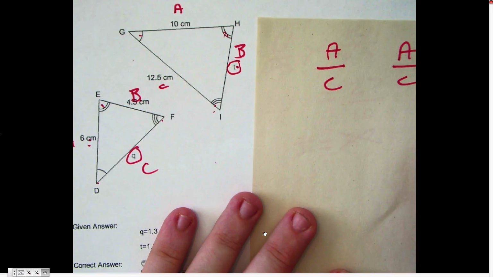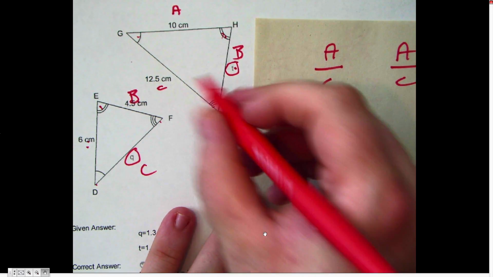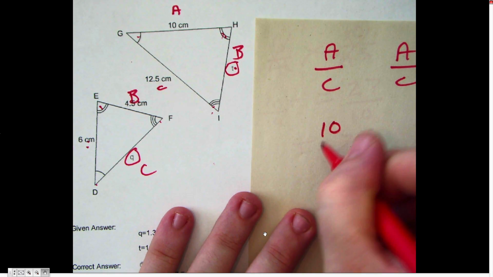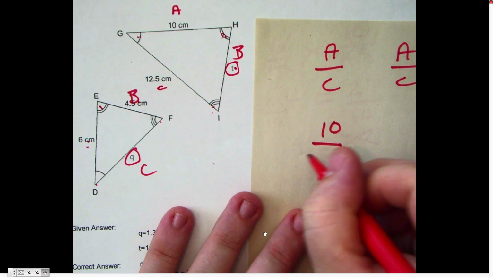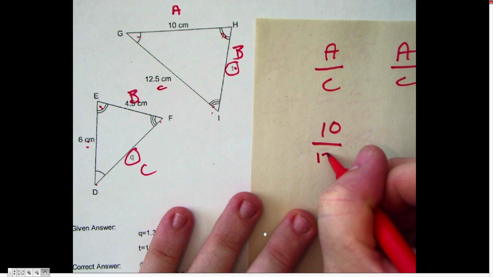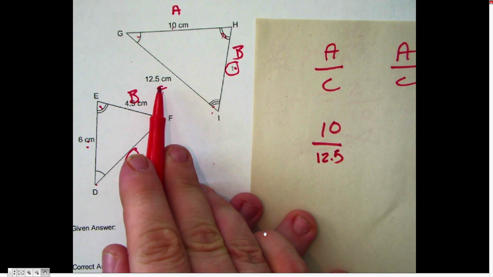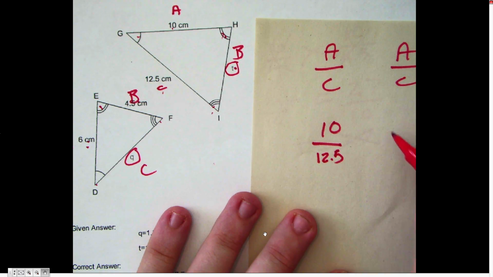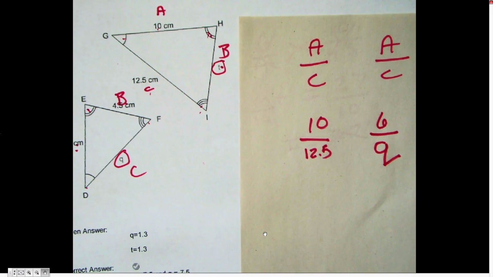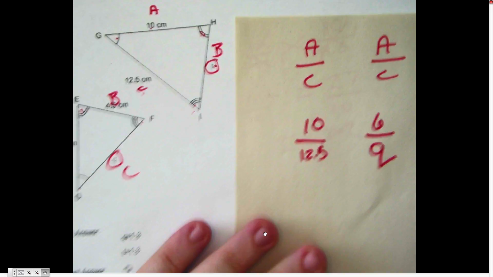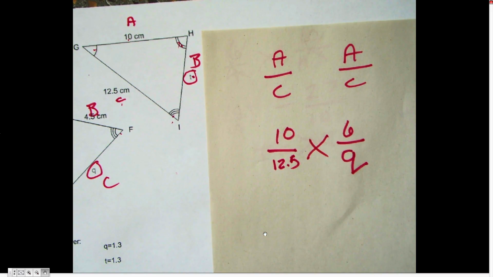If we do side A over side C, so side A, we have 10 over 12.5. 10 over 12.5. Side A and C, we have 6 over Q. Okay. Now, as you go through, cross multiply and then solve for Q. And that'll give you the answer there. Okay.